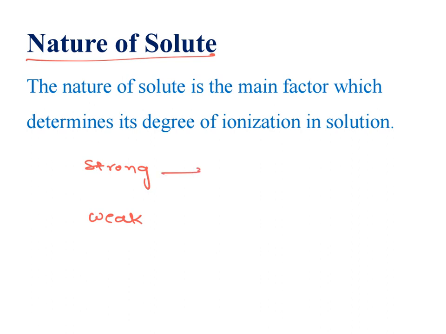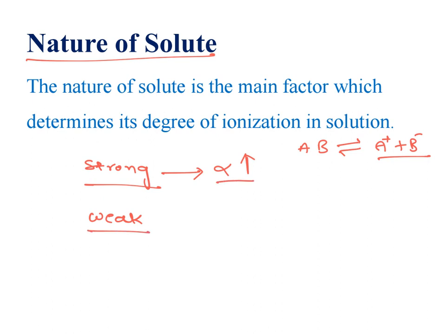A strong electrolyte ionizes or dissociates completely, so the ion concentration increases and the alpha value increases. If a strong electrolyte is present, the degree of dissociation value will increase.